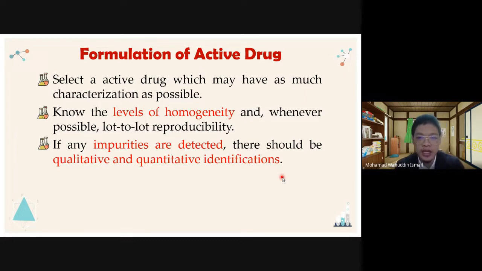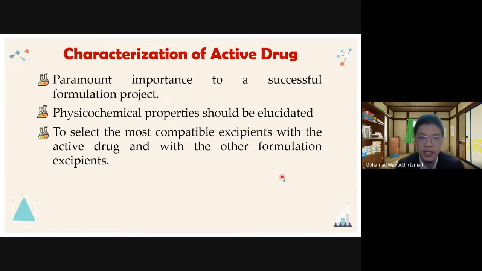We must learn as much as possible about it, the chemical properties, the physical properties, and also the characterization of the active drug. Maybe we have some initial study on the active drug we want to choose. Next, we must know whether the properties of this active drug are suitable for our application.